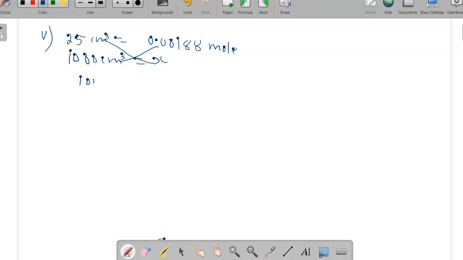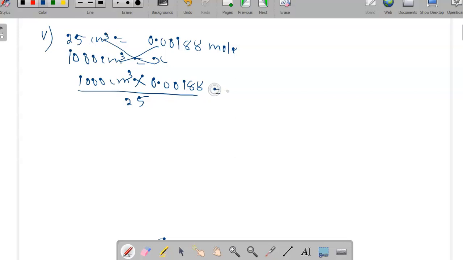So 1000 centimeter cubed multiplied by 0.00188 all over 25. All over 25, yes. Anything you multiply, x is 25.